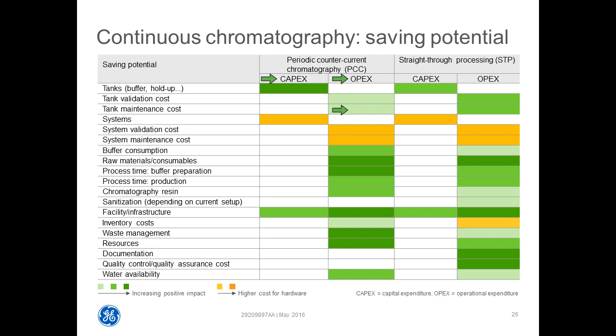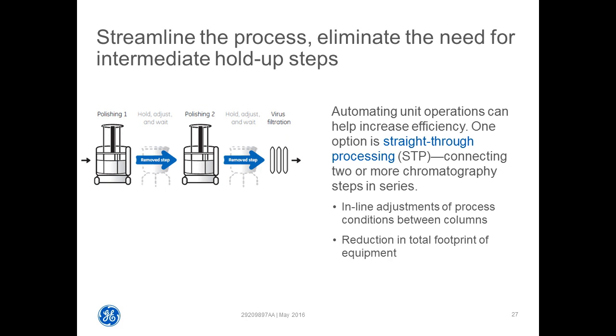In terms of a related topic, straight-through processing, which is not purely about continuous chromatography, is a way of ensuring that the elution pool from one step, the purification step for example, is directly loaded into the next step, a polishing step maybe, without having to have a hold-up tank or some intermediate processing in between those two steps.